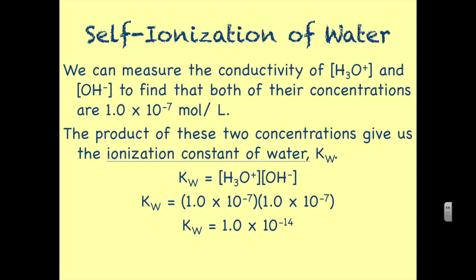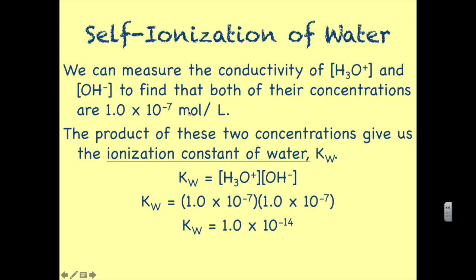That's why it's an extremely weak electrolyte. Now, these concentrations are known because we can measure the conductivity and find out that the hydronium concentration and the hydroxide concentration are both 1.0 times 10 to the minus 7 moles per liter, or molarity, in water.